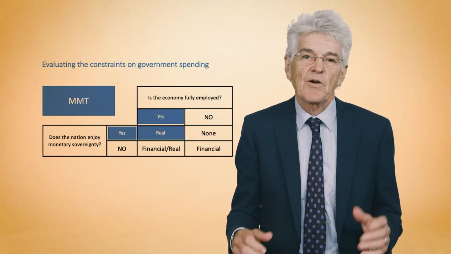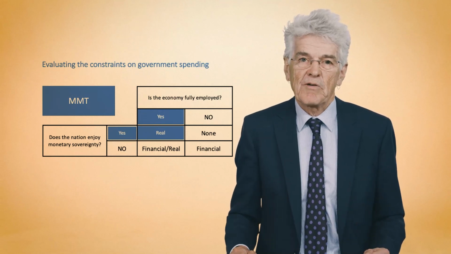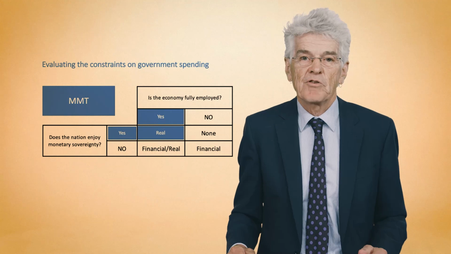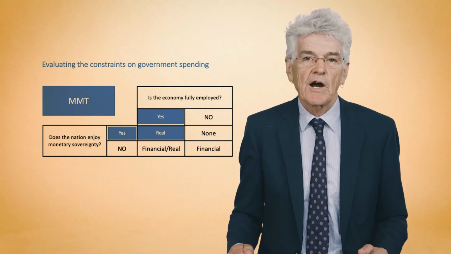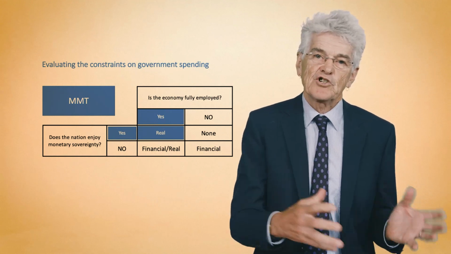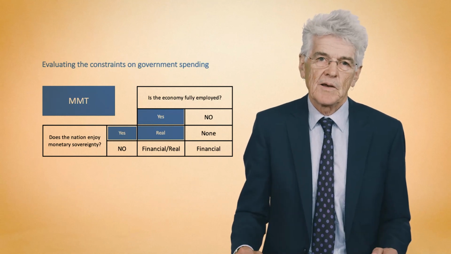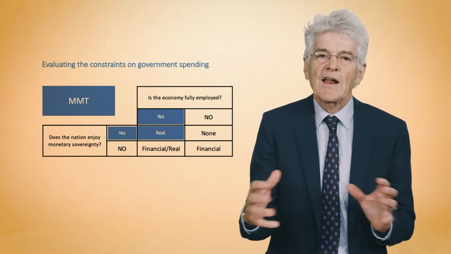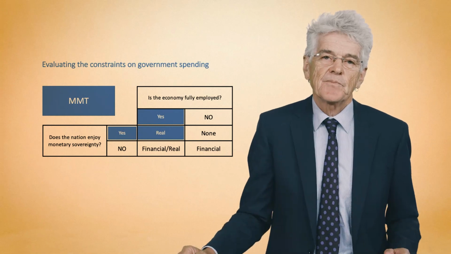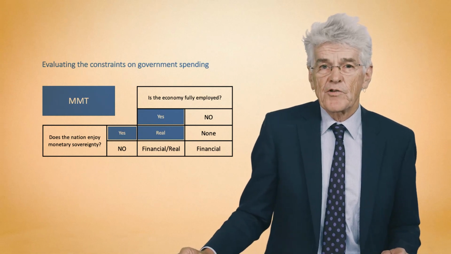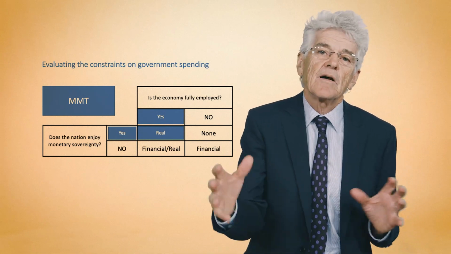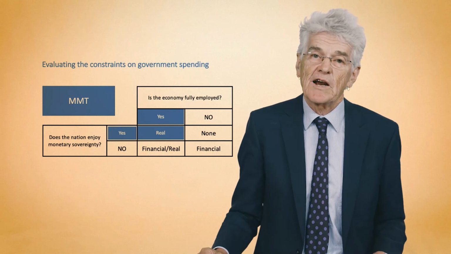So in the pandemic, we have mass unemployment around the world, lots of labour resources, for example, that are not currently being used, lots of shops that aren't open, lots of machinery that's not being used. So they're the choices. Now let's understand the limits on government spending in terms of those two scenarios.